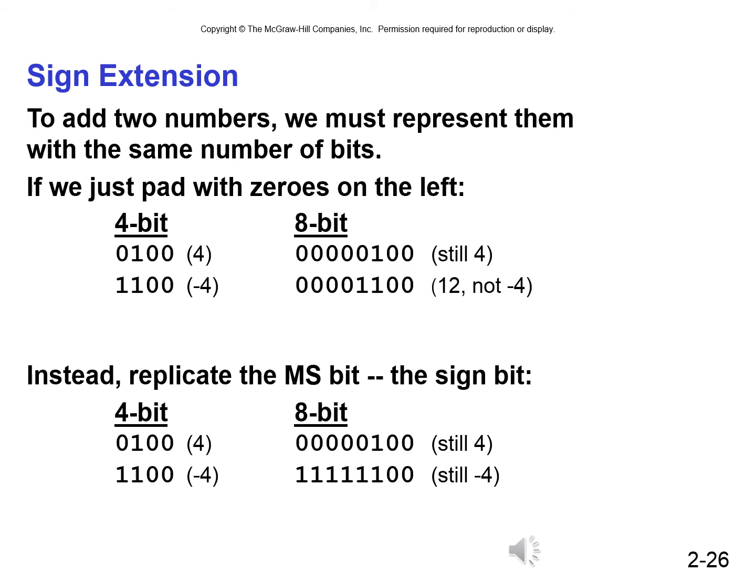To sign extend that so that it's 8 bits, we just replicate the most significant bit, the sign bit, all the way across till we get to 8 bits. You do the same with the sign bit of a negative 2's complement value. 1, 1, 0, 0 is negative 4. Negative 4 represented in 8 bits is 1, 1, 1, 1, 1, 1, 0, 0.